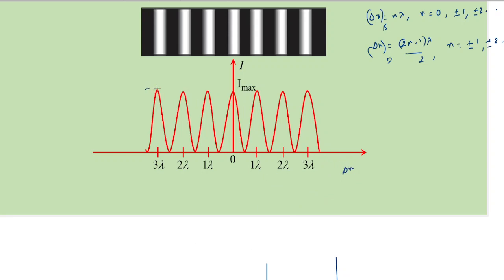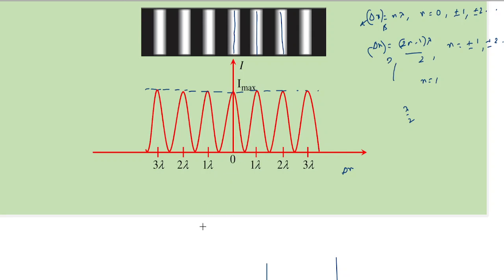Observe carefully that each bright band has the same peak, which means the center of all the bright bands will have the same intensity, and then when we go away from it, it will start to decrease. So this point here indicates the center of the dark band. When you put n equal to 1, this becomes lambda by 2, so lambda by 2 is the first dark band. When you put n equal to 1 here, it becomes 1 lambda.